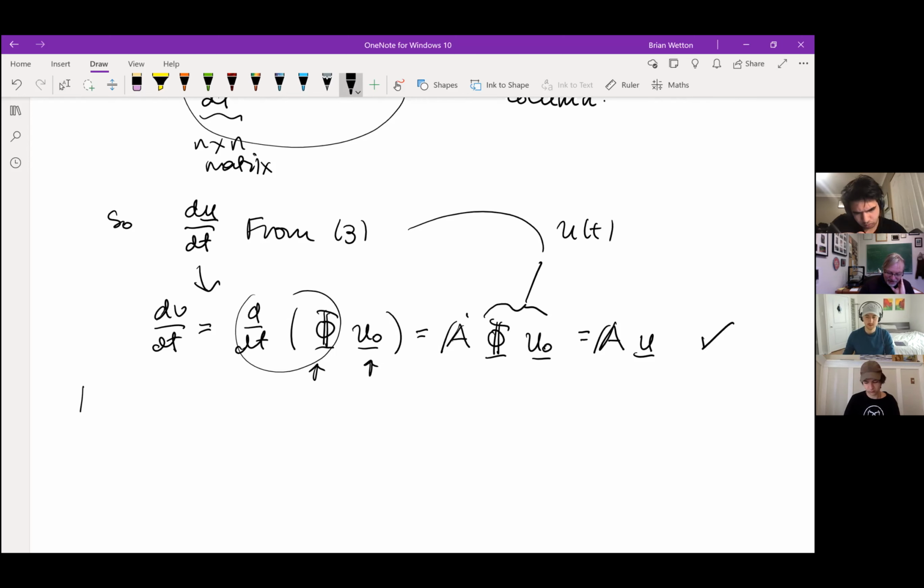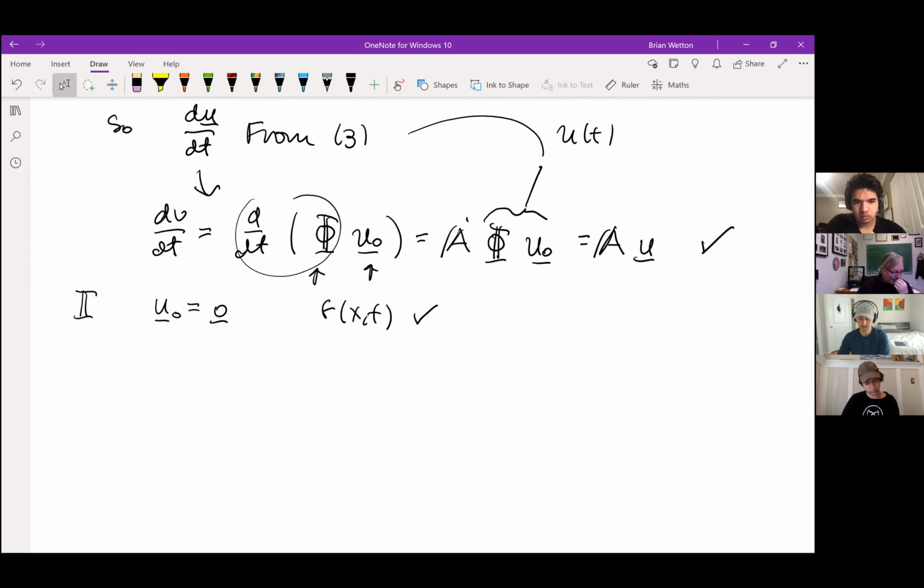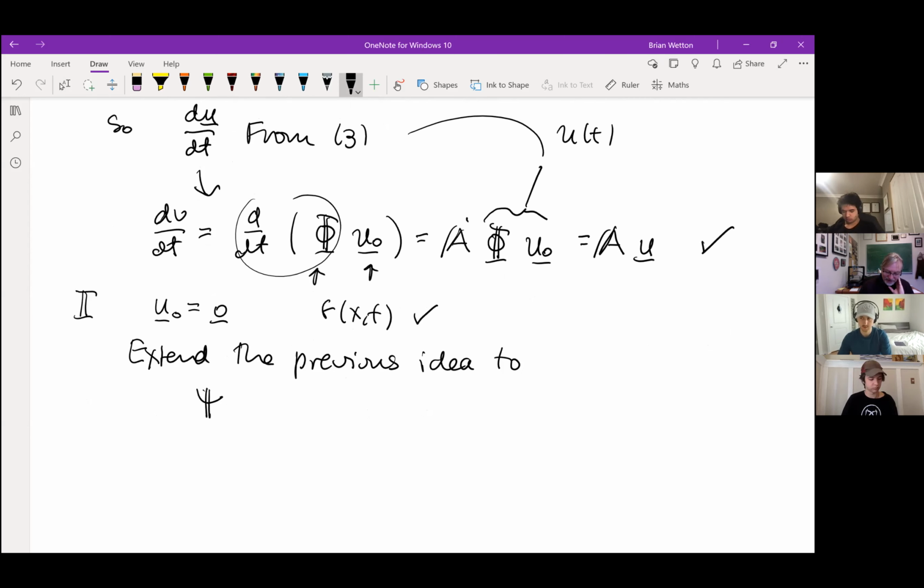Okay, so now I'm going to go on to problem number 2. This is where I have no initial conditions, homogeneous initial conditions, but I'm going to put the forcing back in. And I'm going to extend the previous idea to have a matrix that's a little bit different looking.